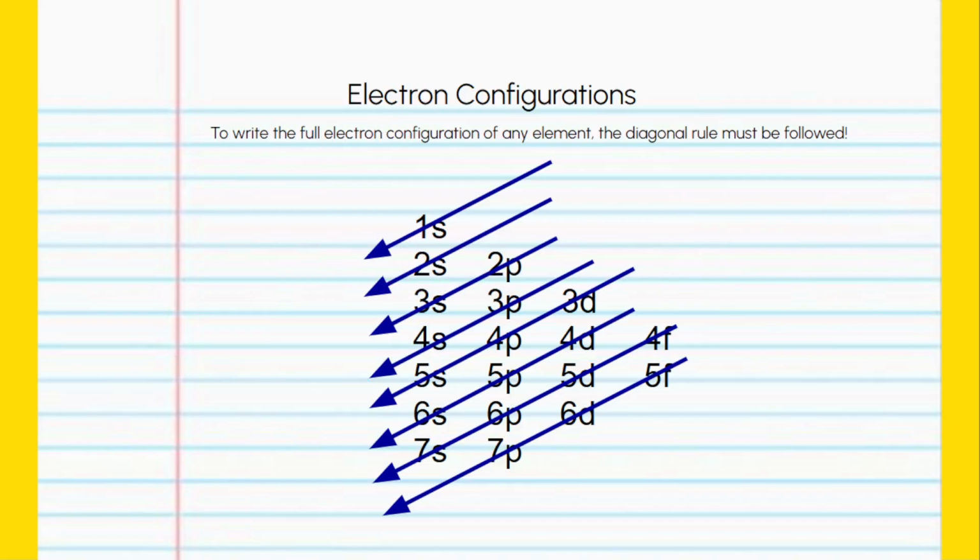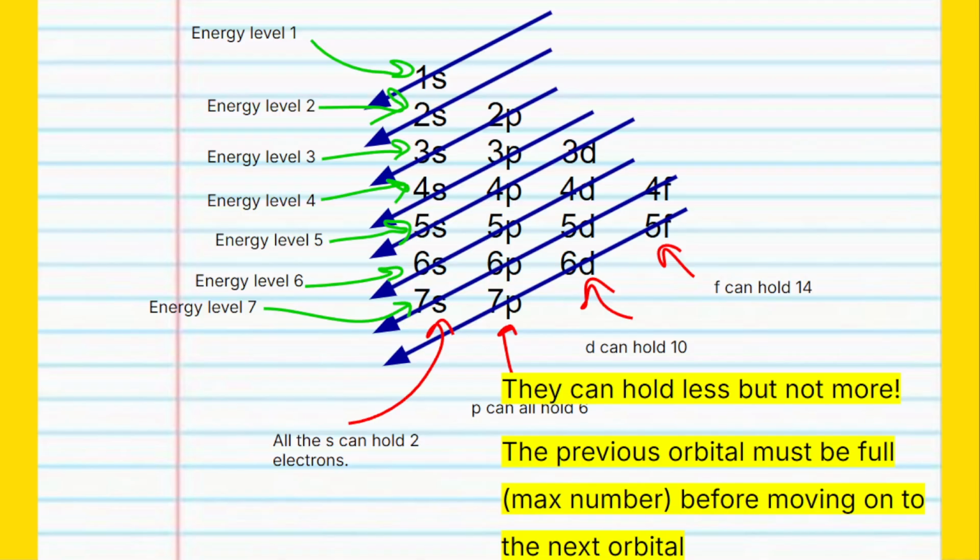And there's a specific amount of electrons each of these orbitals can hold. So we have energy levels 1, 2, 3, 4, 5, 6, 7, and then all the s orbitals are able to hold 2 electrons, and just 2. It cannot hold more than 2.